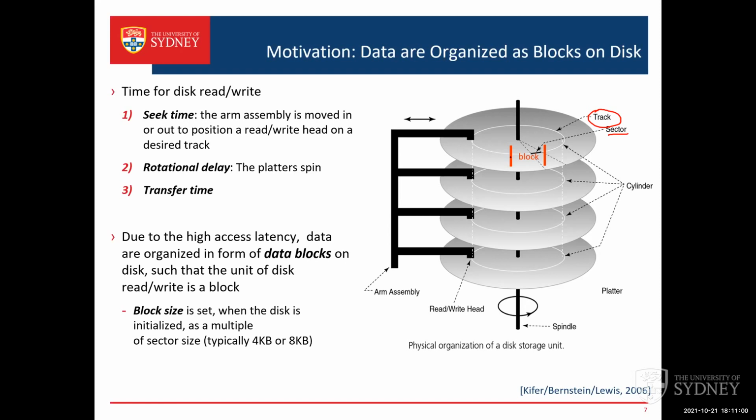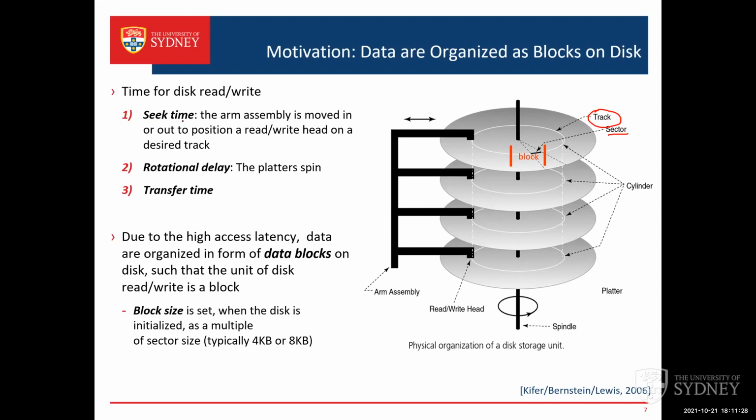First we need to figure out in which disk that data is, in which track the data is, and from that track, in which block the data resides. All of this time is known as seek time. It is when the arm, these arms that we have, moves to the desired track.